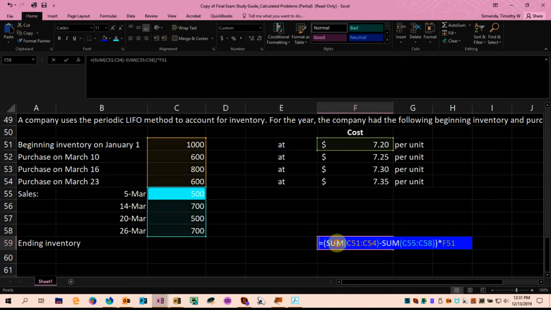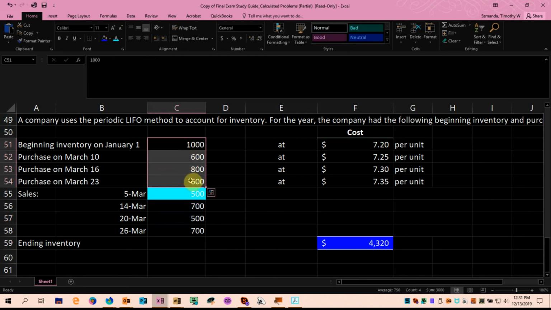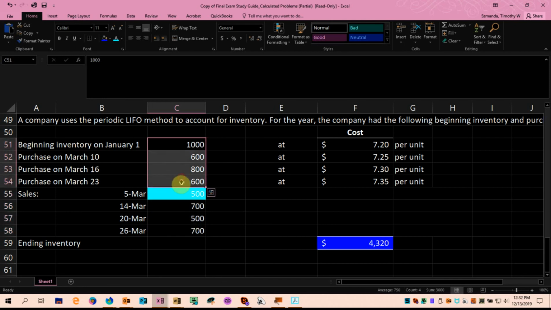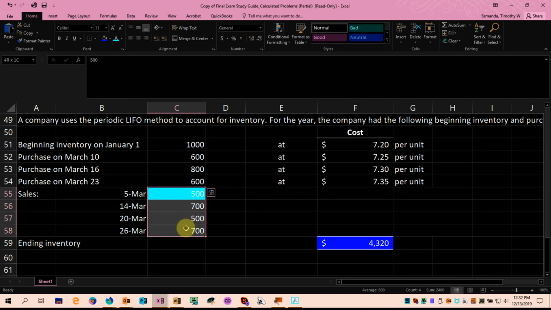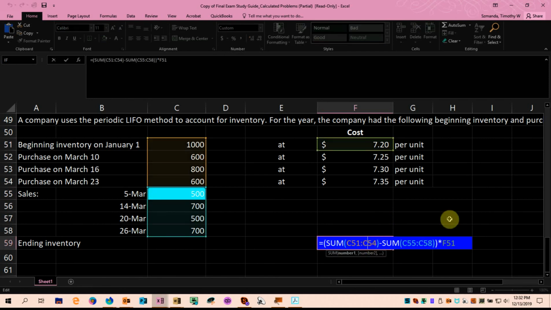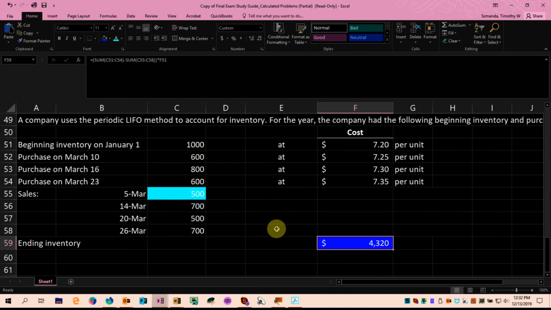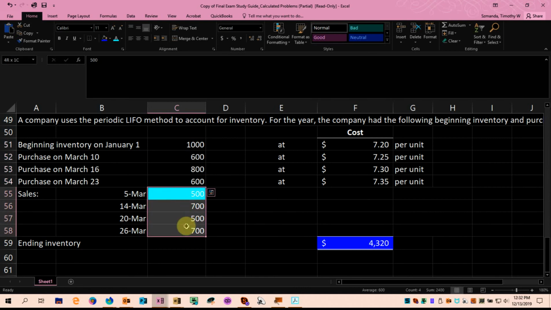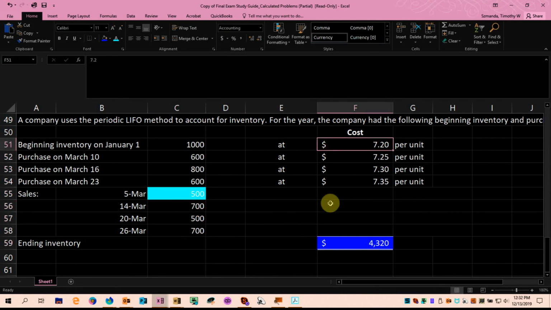So if I have the difference between the purchases and the sales, I know that whatever value that is, in this case, the value of the amount of purchases would be $3,000, the value of the amount sold would be $2,400. I have 600 units left. 3,000 minus 2,400. 7.20 times 600 units is 4,320, using my numbers. So that's the approach under the periodic method. Take the difference between units available and units sold, and then apply them to the oldest costs available.